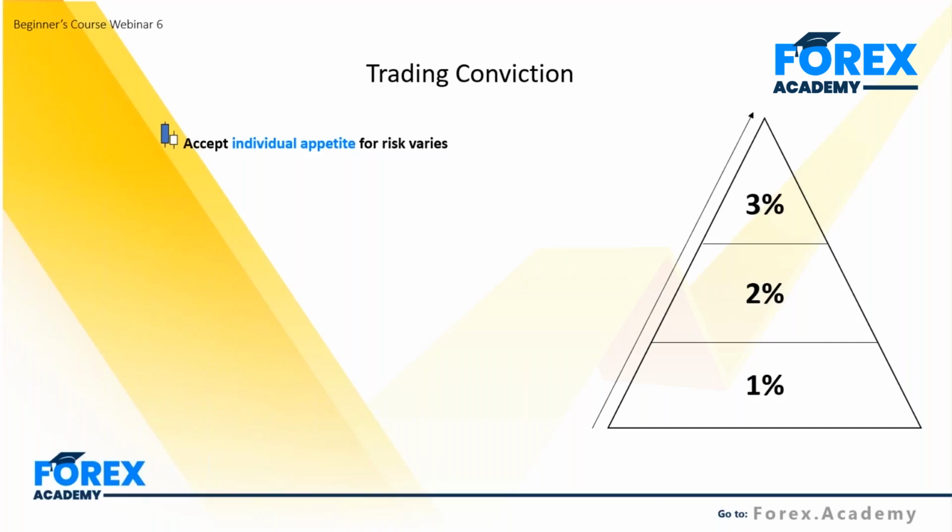And of course, that trade could be a very good winner. You may have made quite a bit of money, but if you continue to focus on that type of trading strategy, you are evidently going to take one whopper loser sometime or another. So we know and we accept that individual appetite for risk varies. We build a framework for risk guidance.